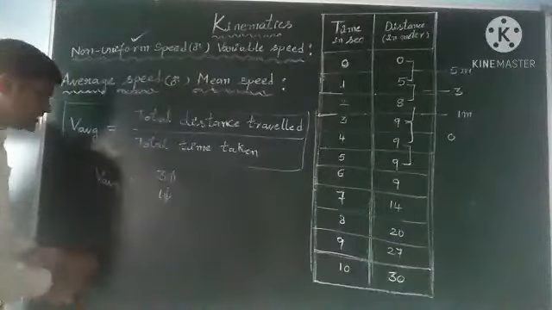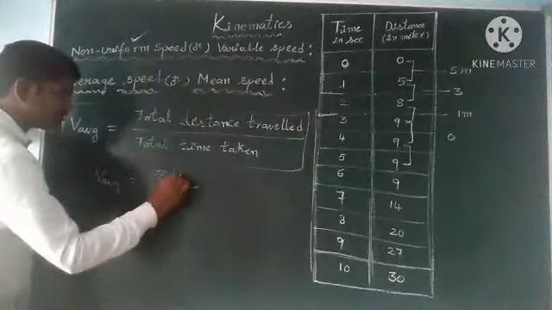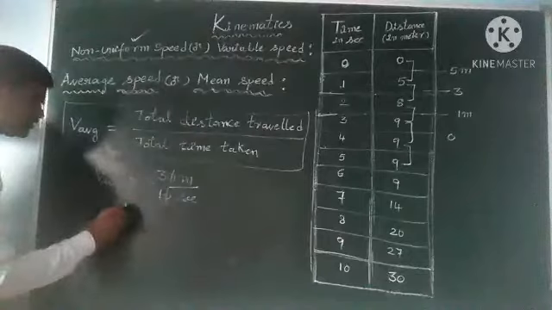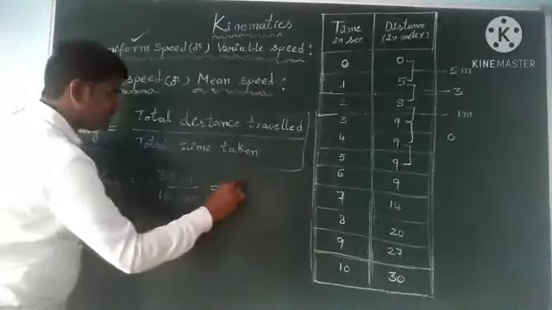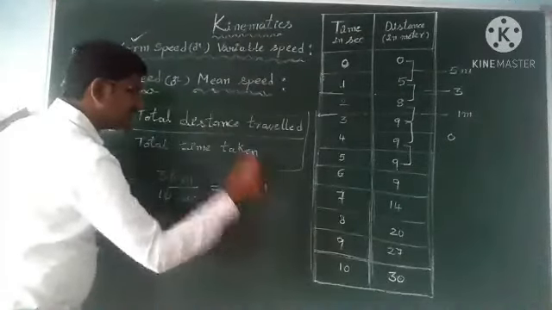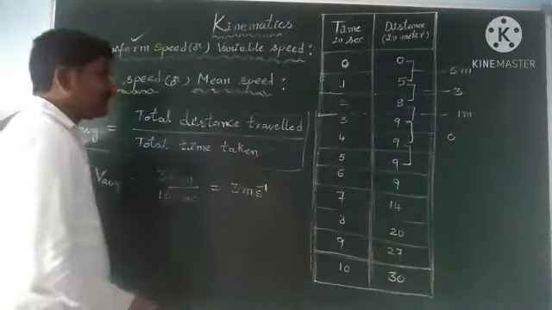So, my dear students, 30 meters in 10 seconds, we will get an average speed of 3 meters per second, that is 3 m s power minus 1. This is called average speed.